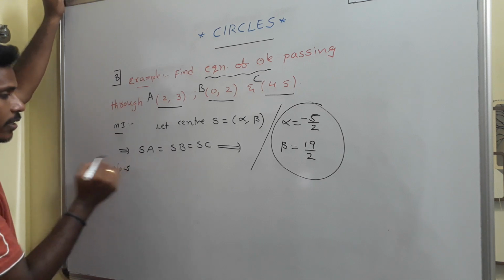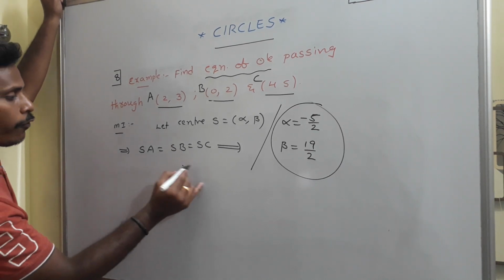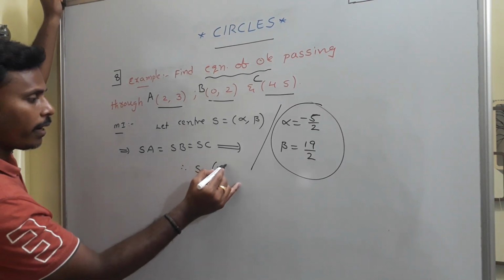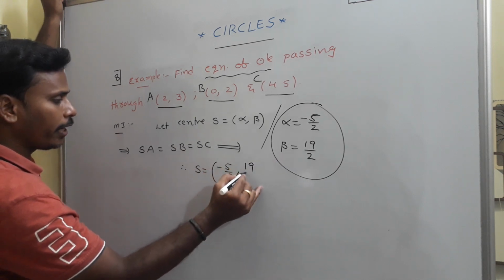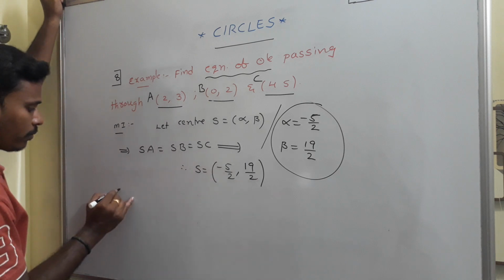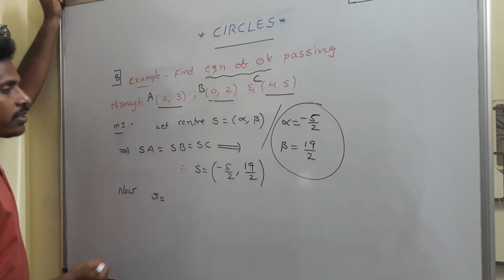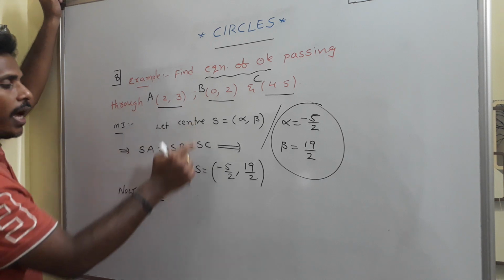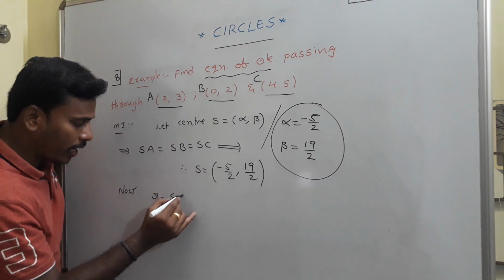So the center is minus 5 by 2 as the x coordinate and 19 by 2 as the y coordinate. After having the center, we need to find the radius, and that radius is the distance between any one of these points and the center. So radius is equal to SA.